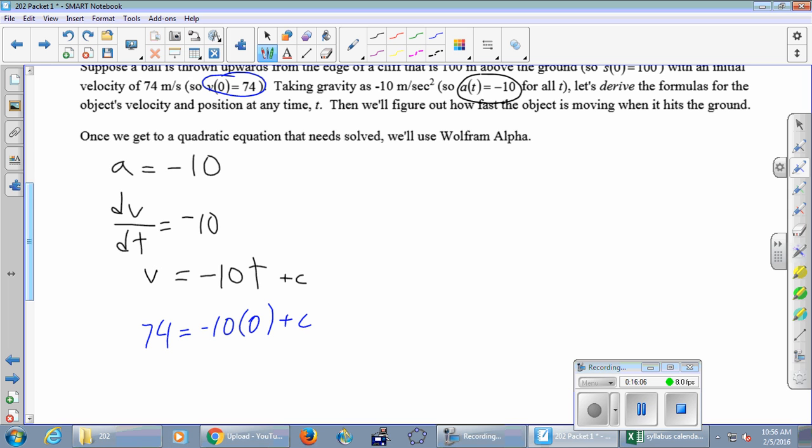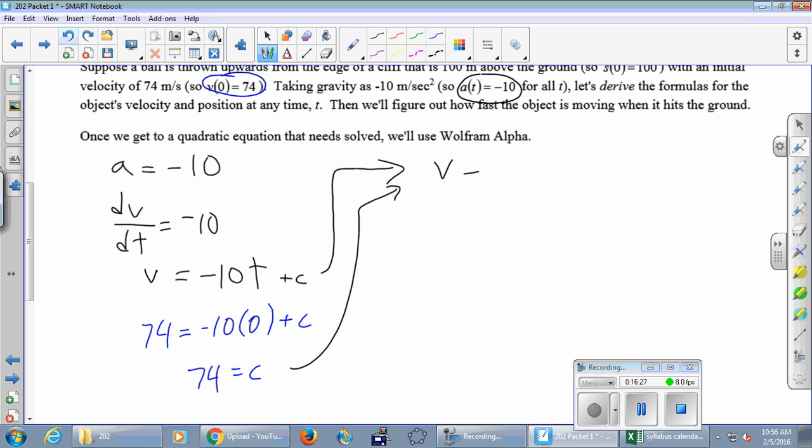And then plus the c, which we're about to find. How much is the c? 74. Super. So then copying this formula again, in fact, we'll copy it up above. Copying this formula now, we get v equals negative 10t plus 74. That's our velocity formula.